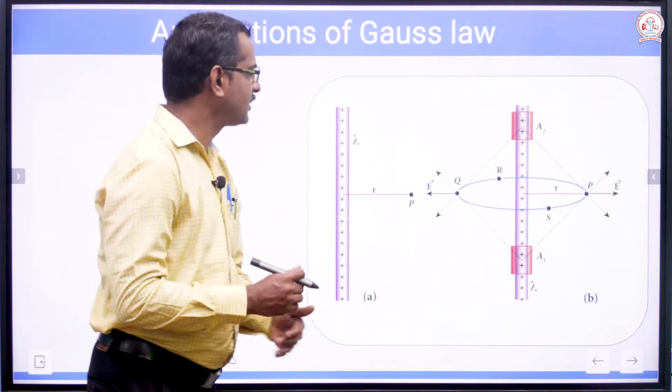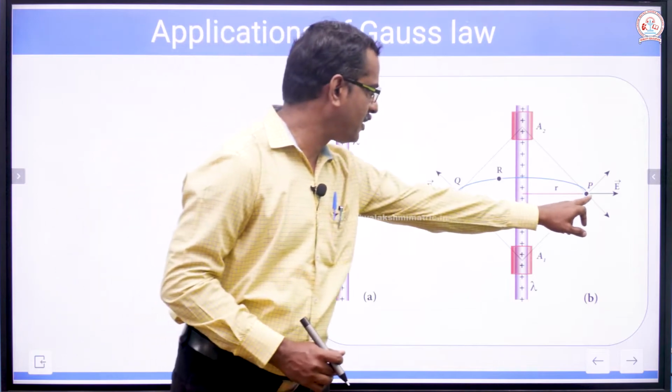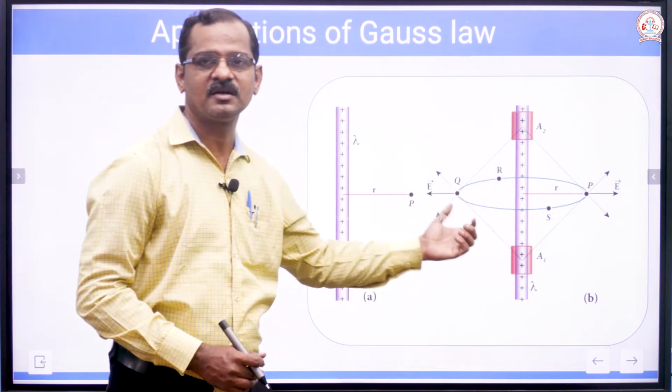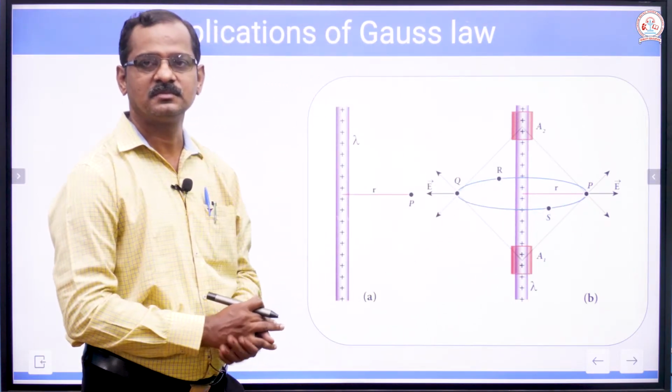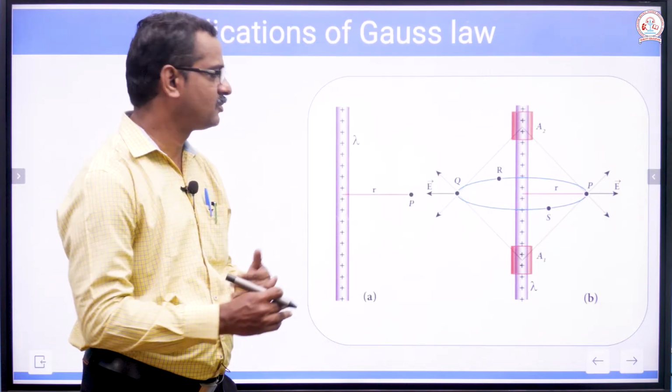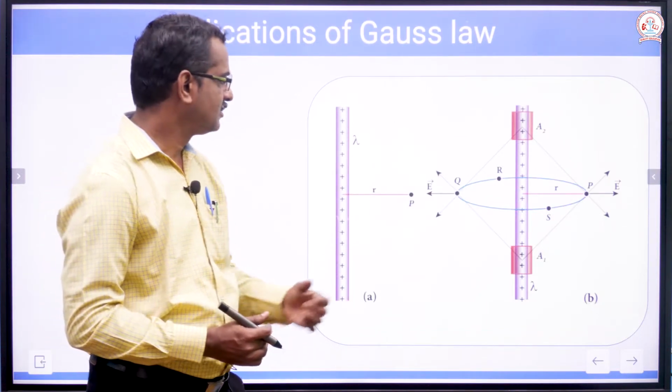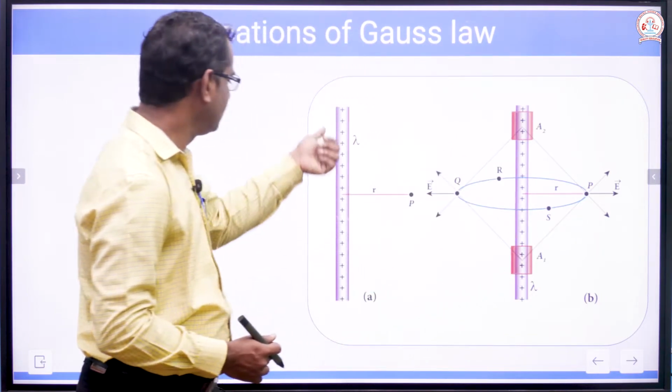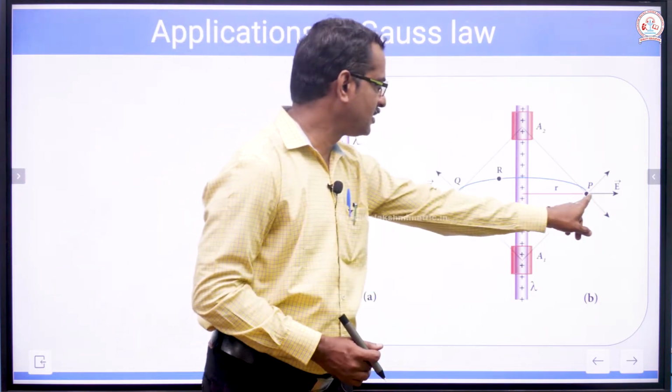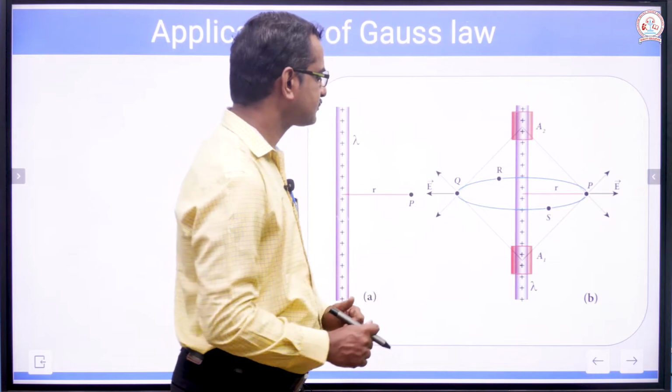Now we are going to apply Gauss law and find out the electric field at a point due to an infinitely long charged wire. It's a very lengthy wire, of infinite length, being uniformly charged. We are going to find out the electric field at this point.